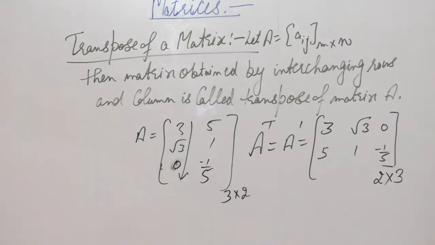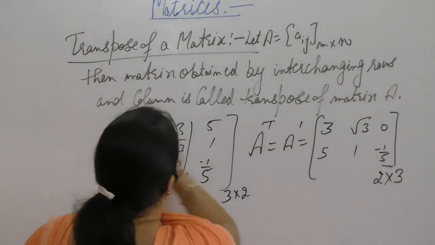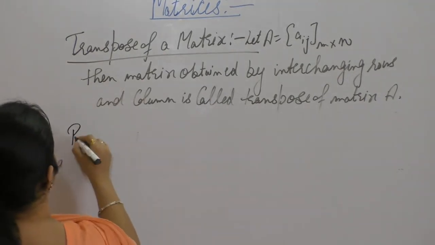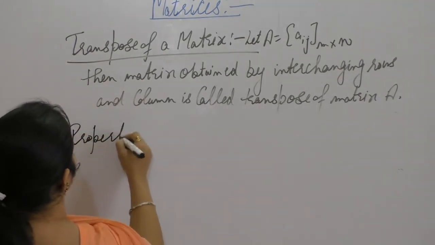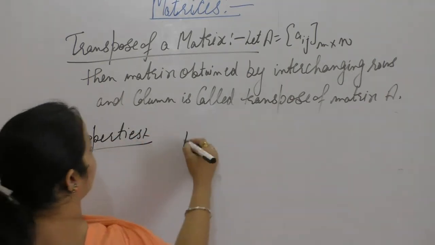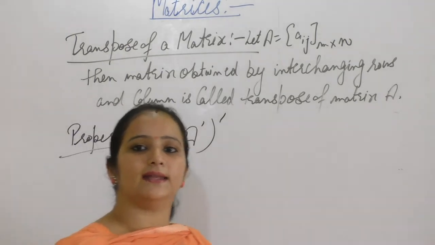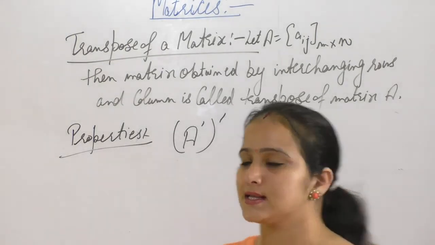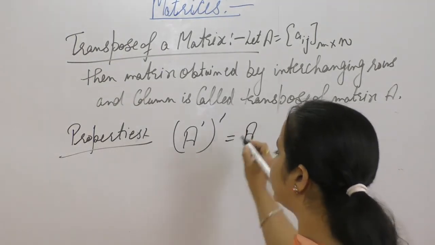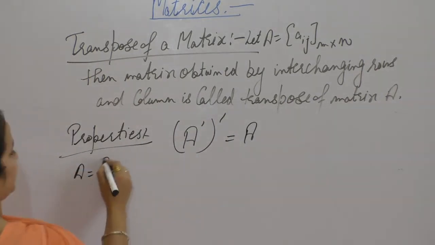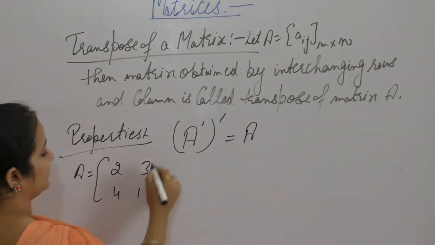Properties of transpose of the matrix. If we take the transpose of matrix A and again the transpose of that matrix, that is equal to the given matrix, that is A. Let A be [2, 3; 4, 1].